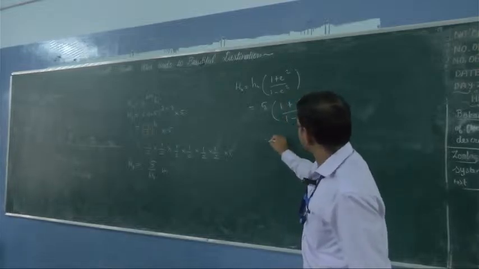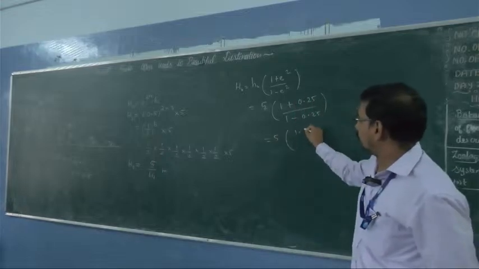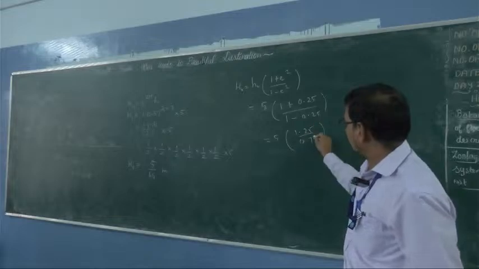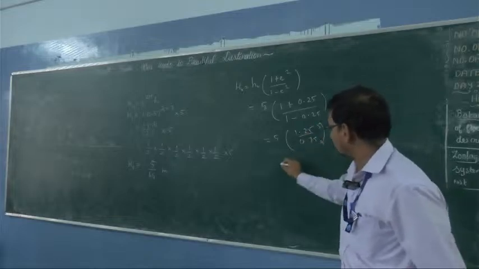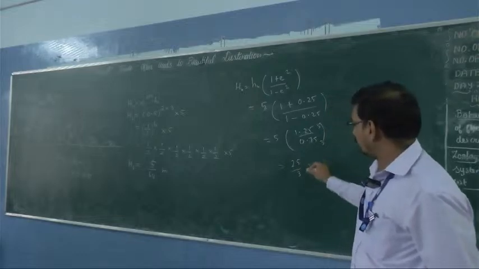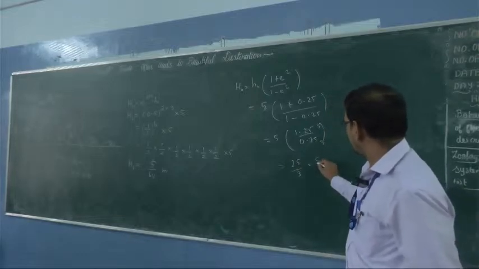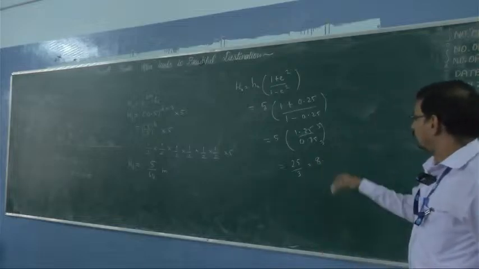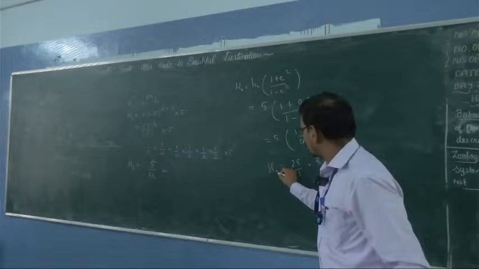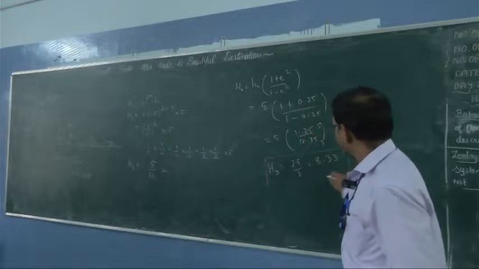So the answer is 5 into 1.25 by 0.75. By cancelling these two, 5 by 3 will come. So 25 by 3, which is approximately 8.33. This is nothing but the total height traveled after 3 rebounds.